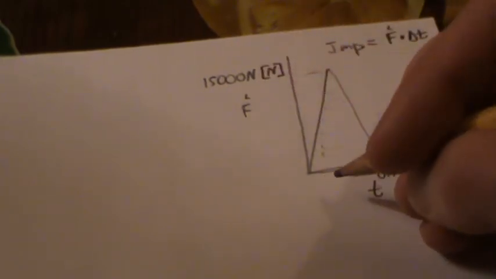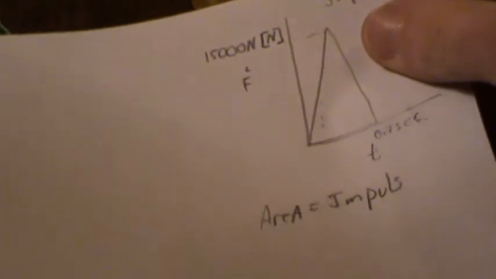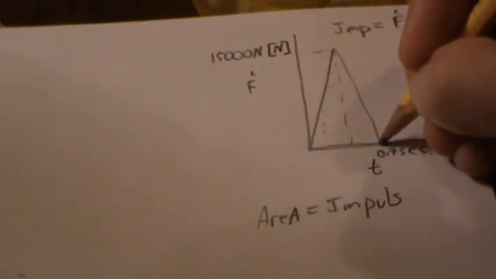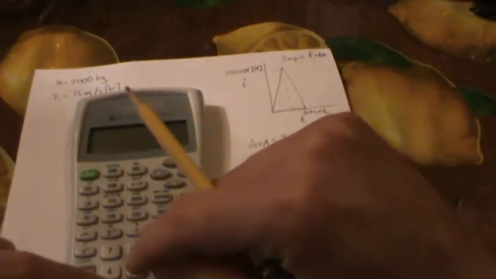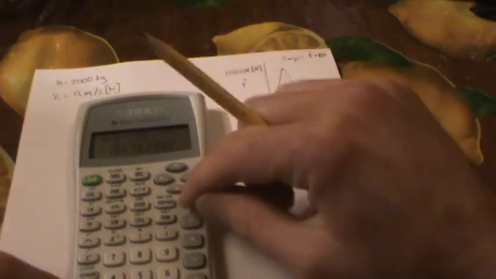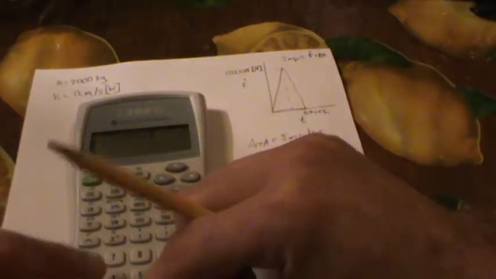And so, yes, the area equals impulse, and the area of this thing is height times base. The base is 0.7, so the impulse is 15,000 times 0.7 divided by 2. Let me just get that here. 15,000 times 0.7.